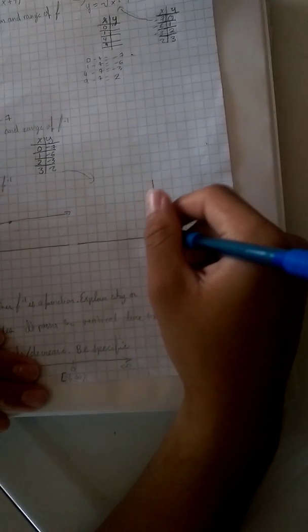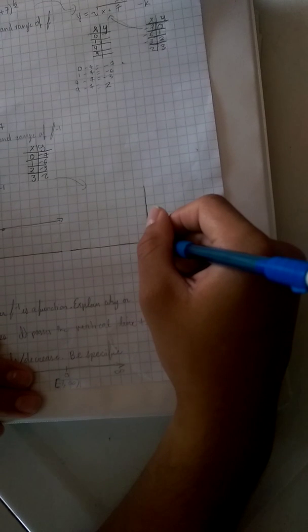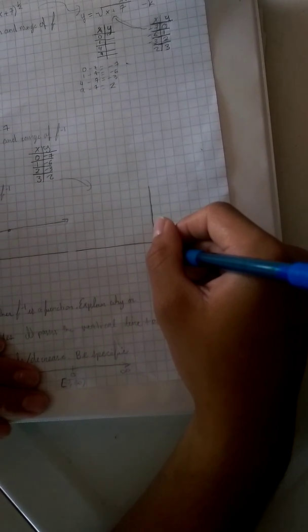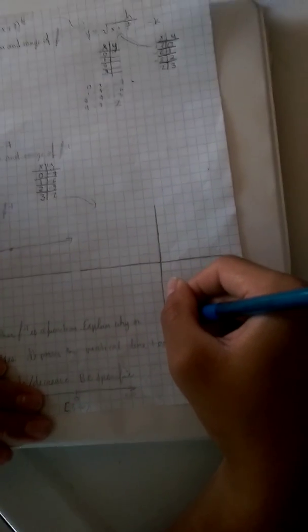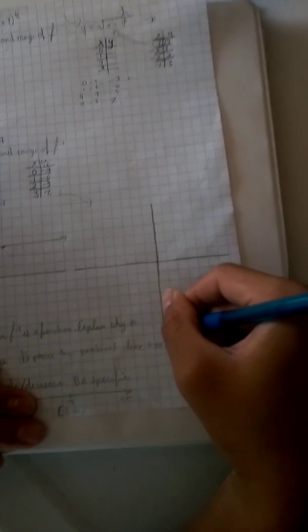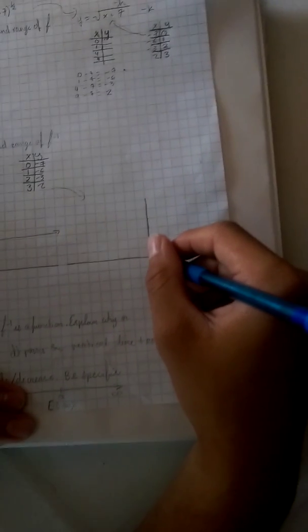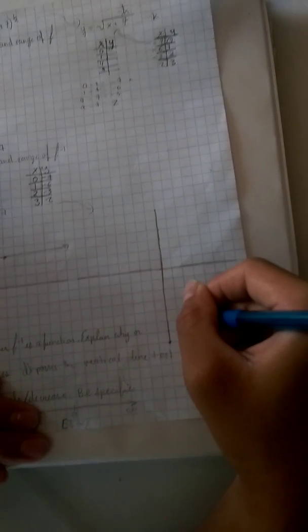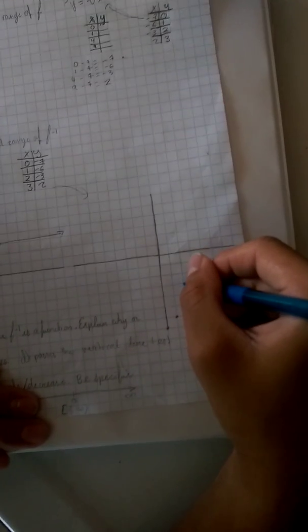So 0, negative 7. 1, 0. Negative 7, my fault. 1, negative 6. 2, negative 3.